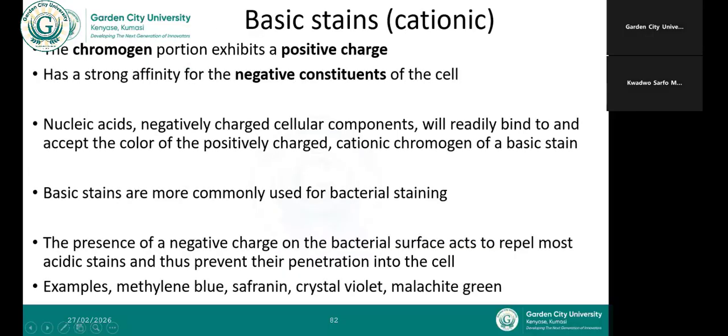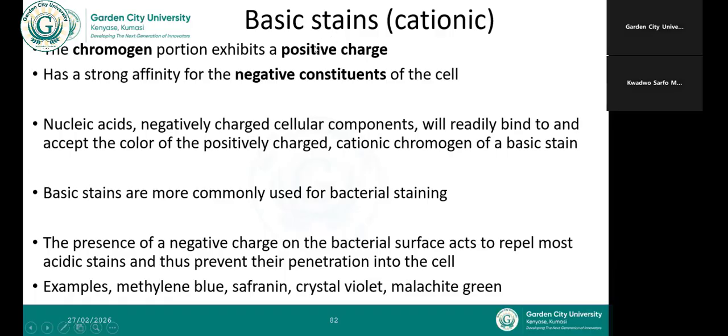Examples of basic stains or cationic stains are methylene blue, safranin, crystal violet, malachite green. I'm sure you are familiar with the malachite green from the L&J medium.